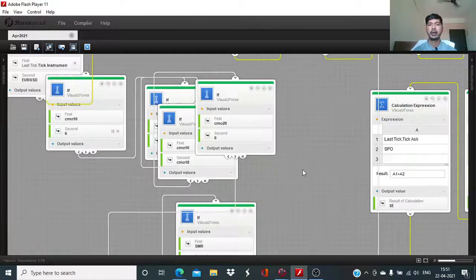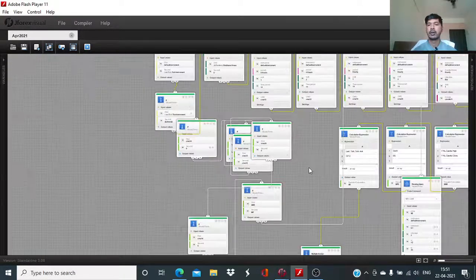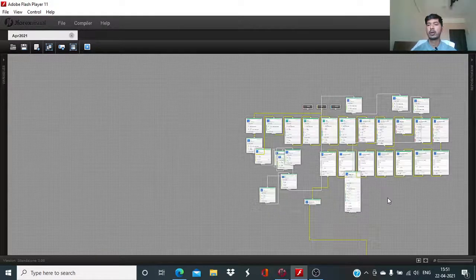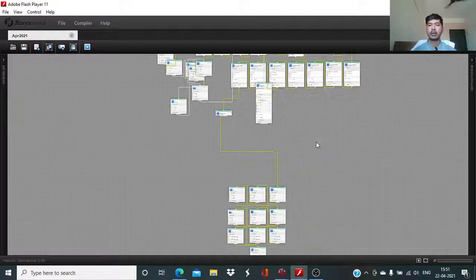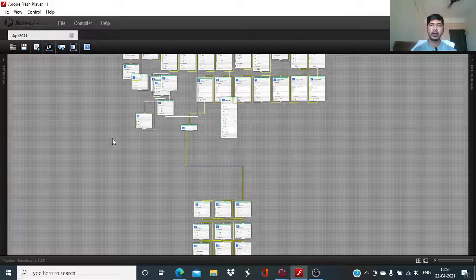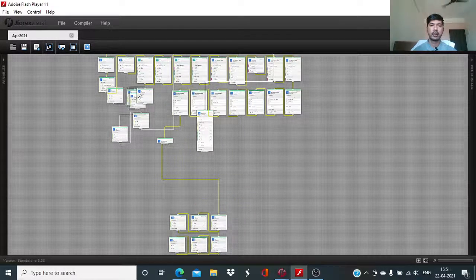Prior to that, we will arrange these blocks, and we will also have to make sure that the conditions are symmetric.